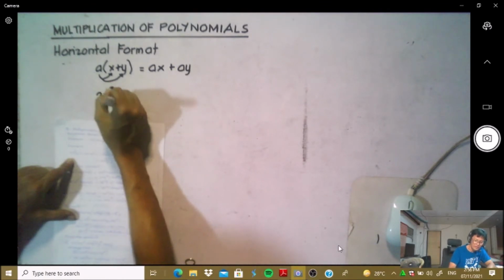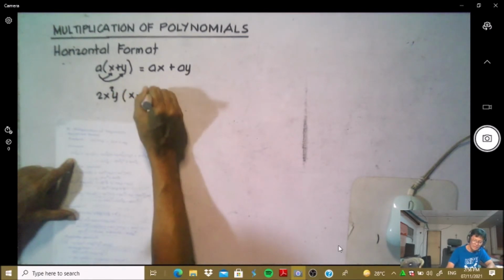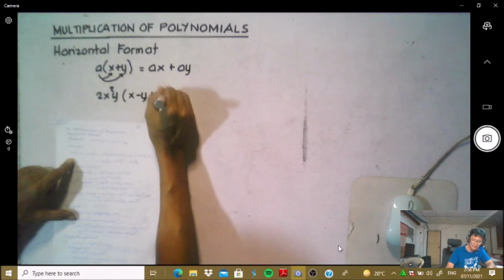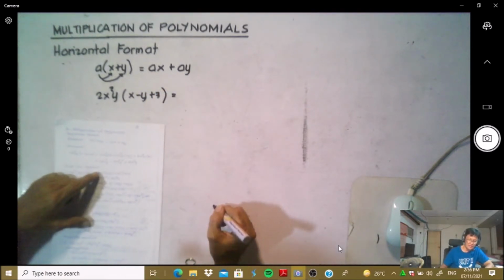Okay, so another example, we have 2x squared y multiplied by x minus y plus 3, and therefore we have to multiply 2x squared y inside.